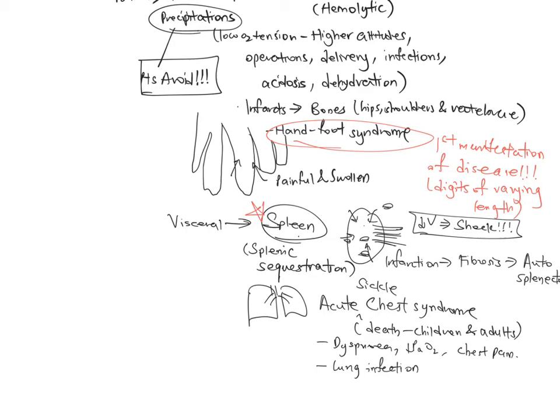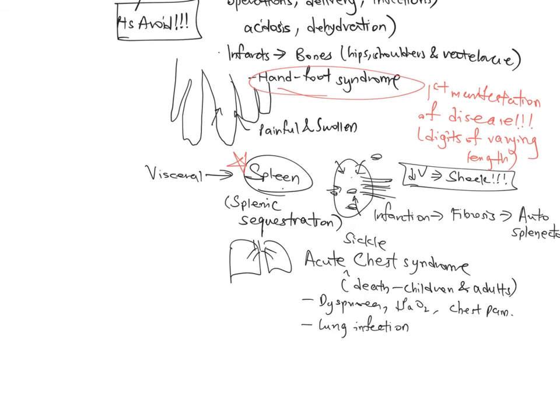So oftentimes patients are initiated on antibiotics empirically, and you also want to give them analgesia, because it's a very painful condition. With chest pain, you can give oxygen, and you can also give them exchange transfusion.